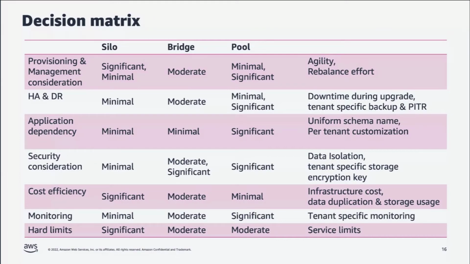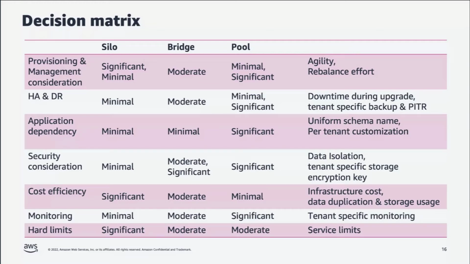I have an example coming in the next slide, which shows how to use row-level security for isolating tenant data in the pool model. And tenant-specific storage encryption key is possible in silo, not possible in bridge and pool models. And IAM authentication per tenant is possible in silo and bridge models, not possible in the pool model.